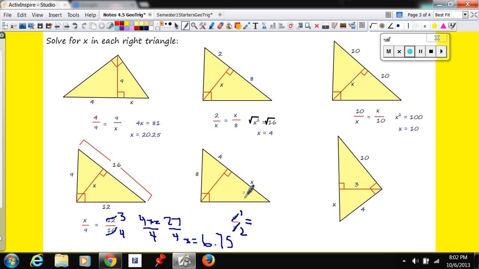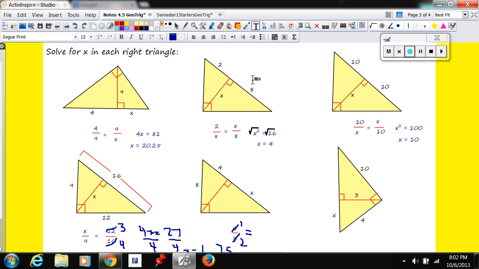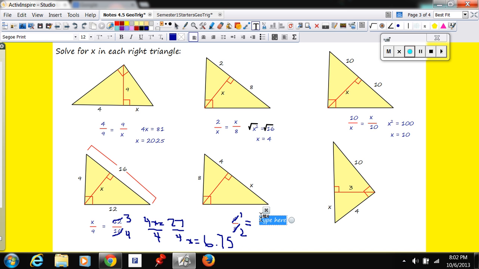And then I would put my short leg of the big triangle 8 over my hypotenuse of the big triangle, and the hypotenuse of the big triangle is x plus 4. x plus 4 is the whole hypotenuse.